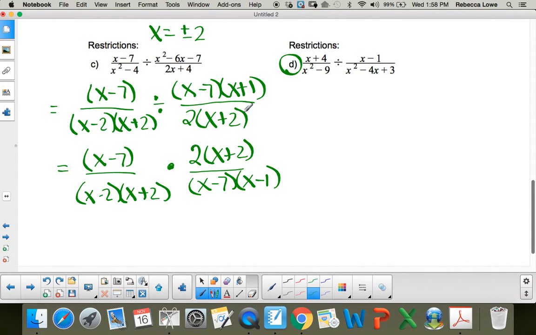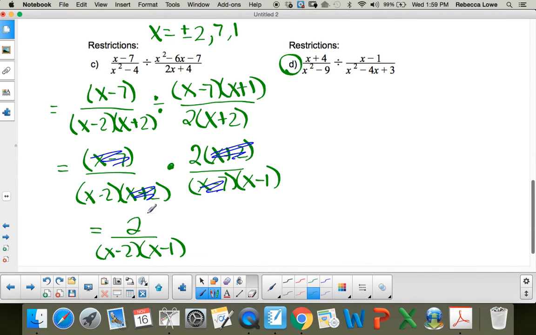So my 2 new restrictions are 7 and -1, so I have to add those on. All right, now multiplication. I don't actually multiply, I cancel. And even when I multiply, I don't actually multiply, I just stick the factors together. I was left with a 2 in the numerator and an x minus 2 and x minus 1 in the denominator. So I just stick them together, which is multiplication.